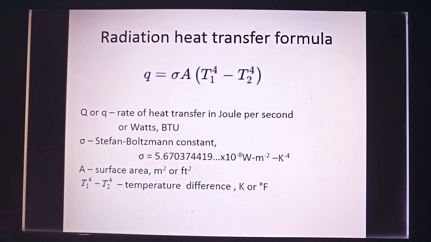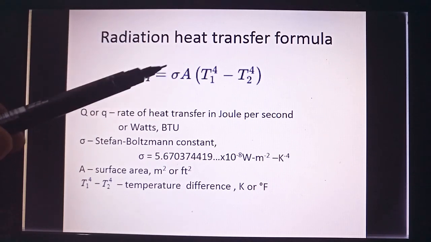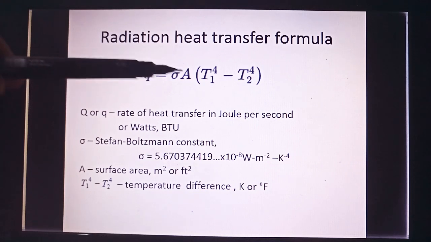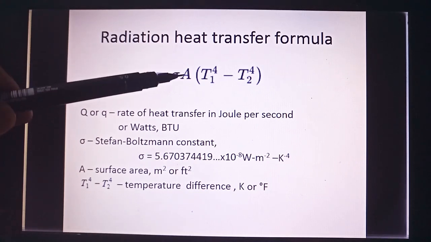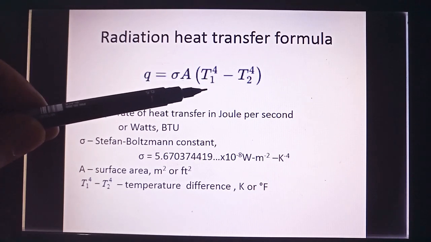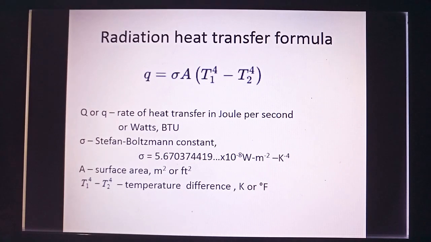In computing the heat transfer for radiation, we have the formula Q is equal to this symbol, I think this is sigma, times A, times T1 raised to 4 minus T2 raised to 4.